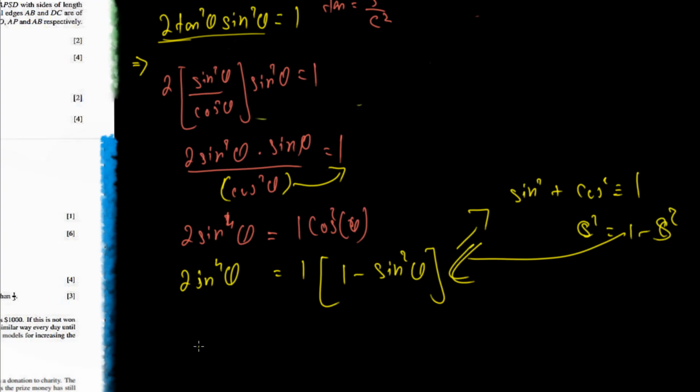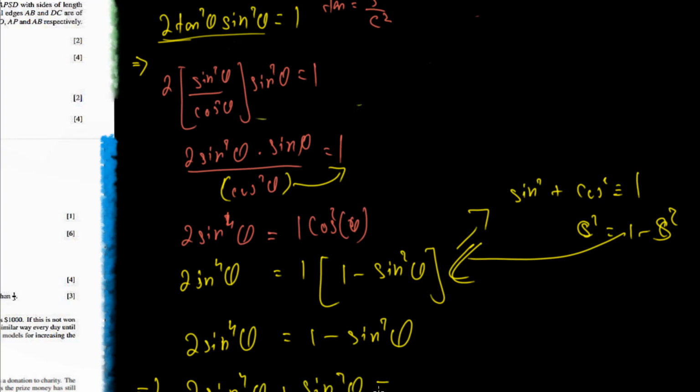So all I have to do from this point is simplify. 2 sine 4 theta is equal to 1 minus sine square theta. If I move all the values to the left hand side, 2 sine 4 plus sine square minus 1 is equal to 0. Exactly what the question wants us to do.